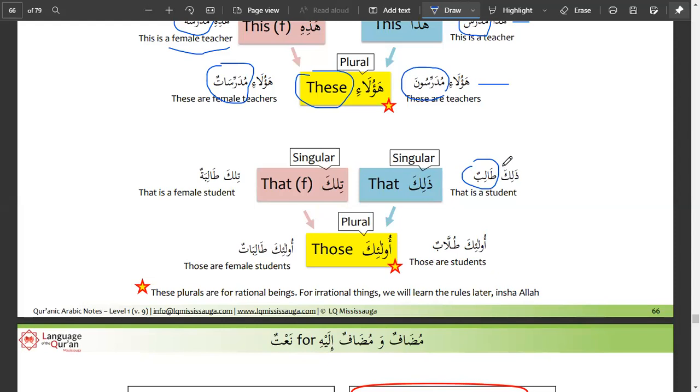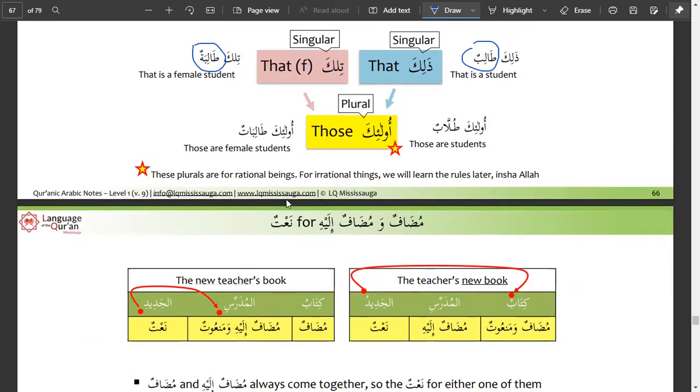For singular masculine, we use the singular masculine demonstrative pronoun zalika. And here talibatun is feminine singular, so for the feminine singular we will use the feminine singular demonstrative pronoun tilka. Tilka talibatun: that is a female student.